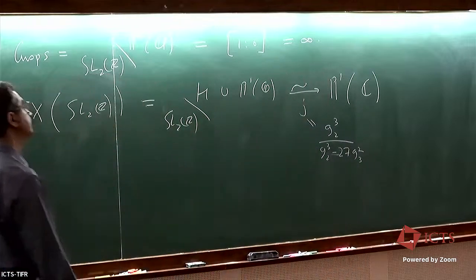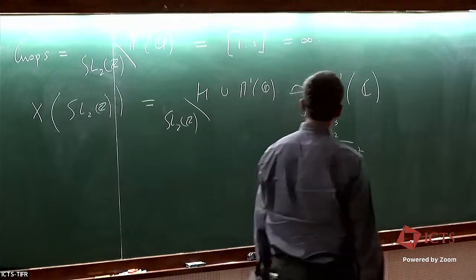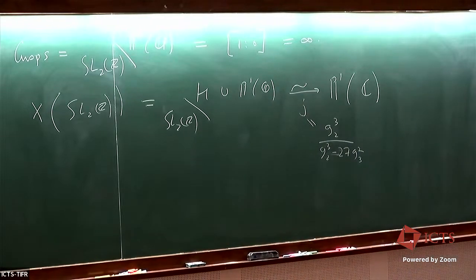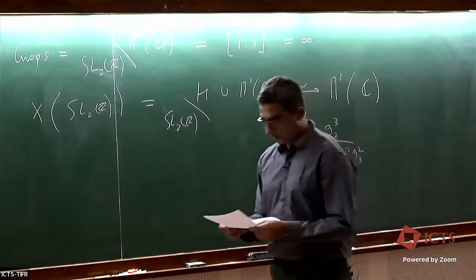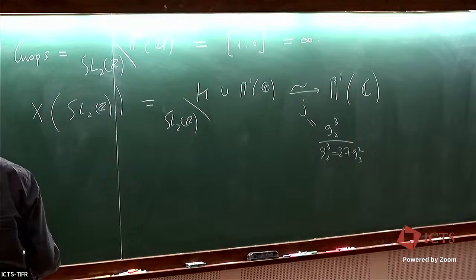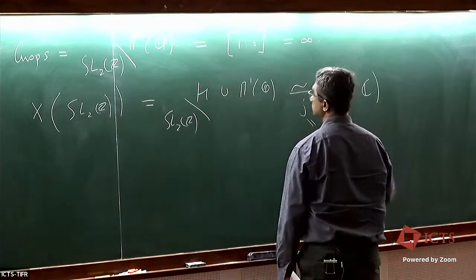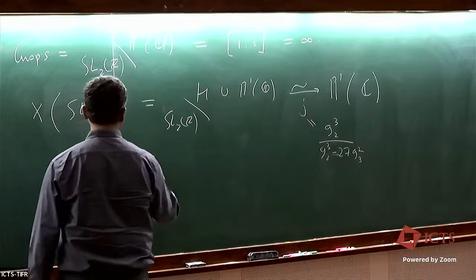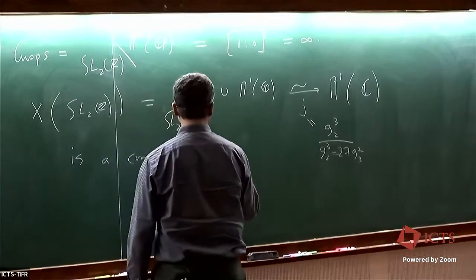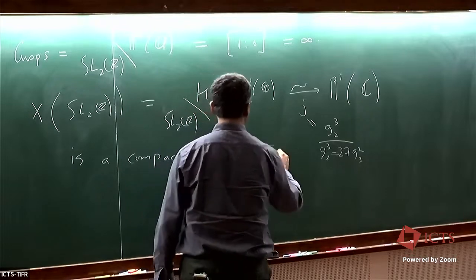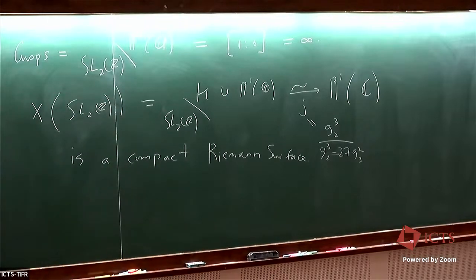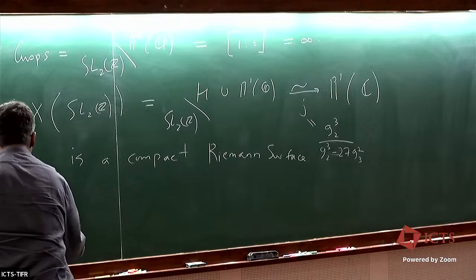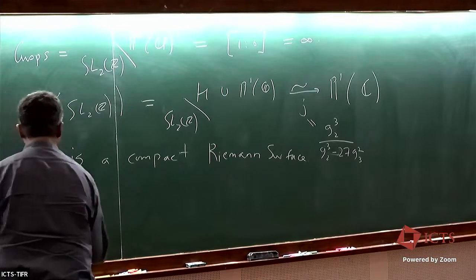Somebody can check that. Remember, these points were basically lattices, corresponding to lattices of the form Z tau plus Z, and we had defined these functions g2 and g3 for lattices. All right, so that's just P1(C), and in particular it's a compact Riemann surface of genus 0. Okay, similarly, you have X0(N) and X1(N), which have come up already in many talks.